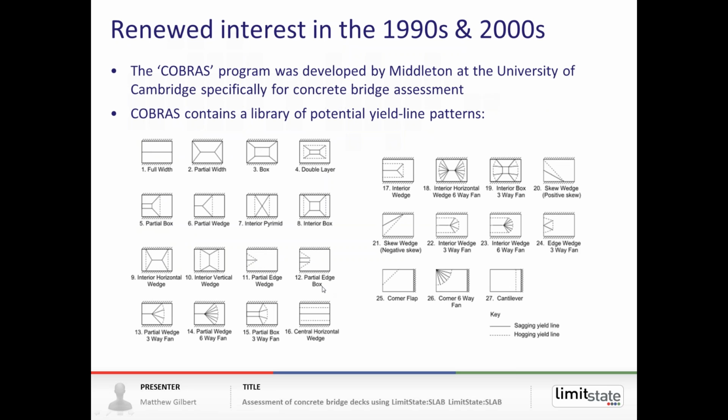So the method was developed in the middle part of the 20th century, proved popular at least with researchers in the 60s and 70s, and there were clear practical applications in the bridge engineering context in the 1990s and early 2000s.